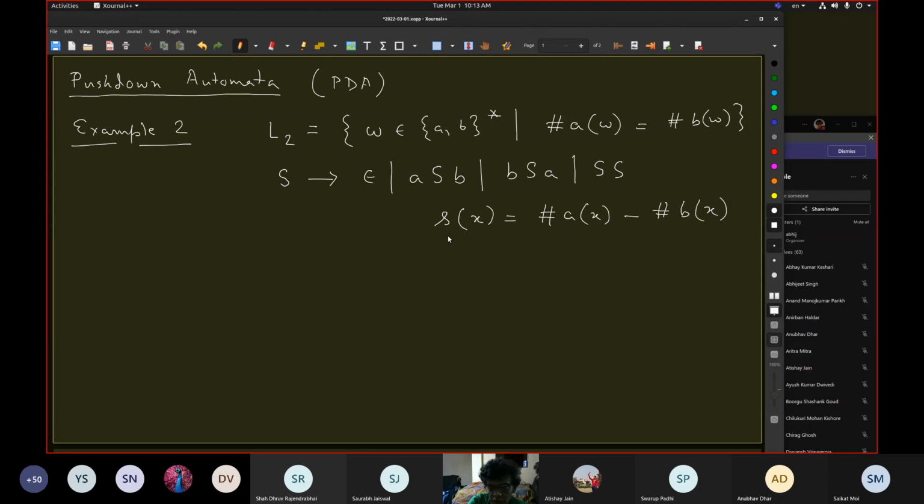It may be 2 power 1 million, 2 power 2 power 1 million. So all these things are possible. Therefore, using a finite amount of states, we cannot have this much memory. But since we now have an external push-down store, we can use it to store the surplus function, even if it is very large.